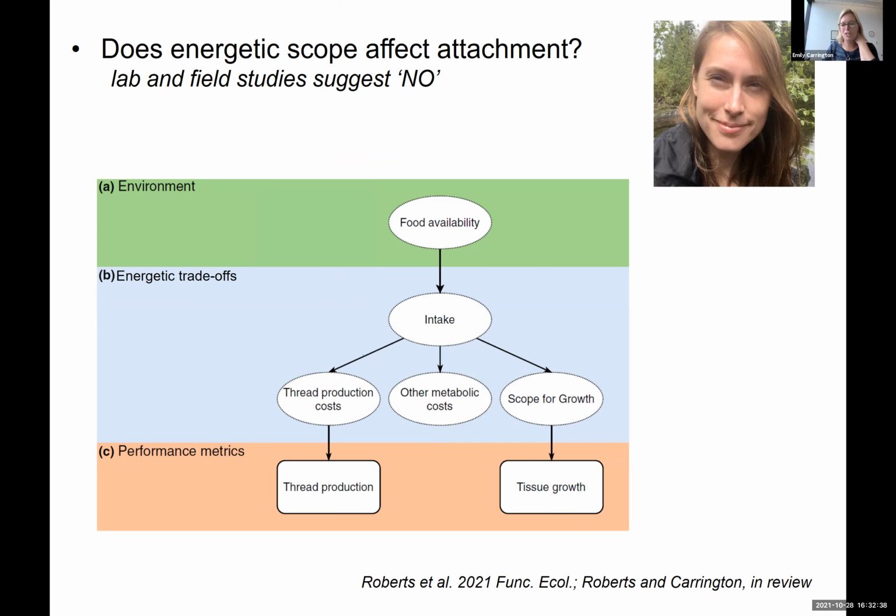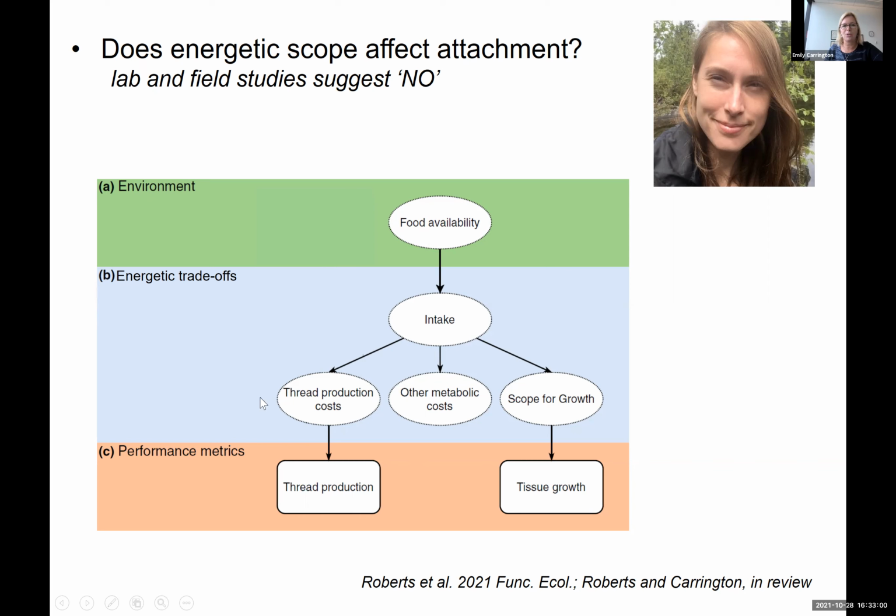Molly's dissertation looked at this in a couple of different ways. First, she did both field studies and lab manipulations to manipulate the food supply to see if there was a scenario where she could force the animals to produce fewer byssal threads.